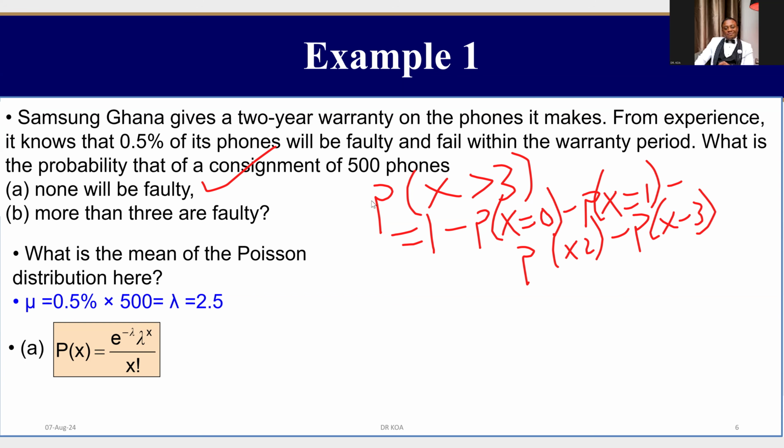And then once you got this, you subtract them. Because remember, I included 3 because he said more than 3. If he has said 3 or more, that's different. So once you understand it like this, the rest is just calculate. As for the first one, like I said, you've already calculated it.